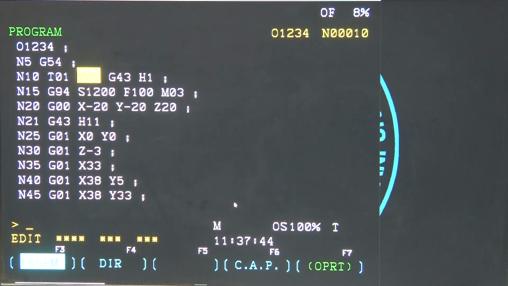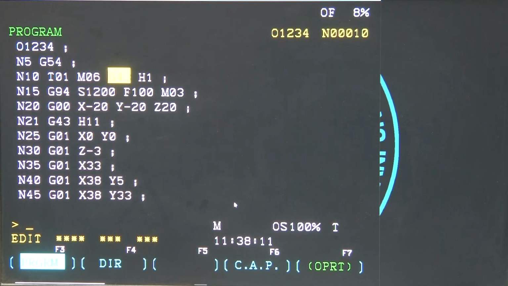Then G43. G43 stands for tool length compensation. Tool length compensation in this case is important, because here we are using the milling cutter, because it is a milling operation, and in a milling cutter the coordinates are given with respect to the center, and milling cutters have different diameters. Okay. Different milling cutters may have different diameters.